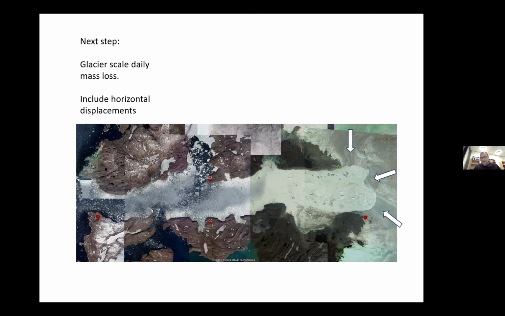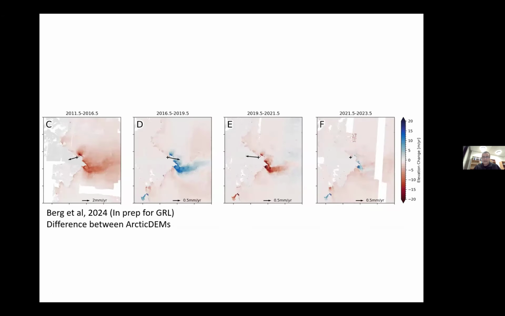So the idea is to estimate mass change from Jakobshavn on a daily basis using only GPS data. And the idea of putting 2 stations, one at the northern region here, close to the ice front, and one at the southern region here, is that there might be a difference between what the northern ice stream is doing compared to the southern ice stream.